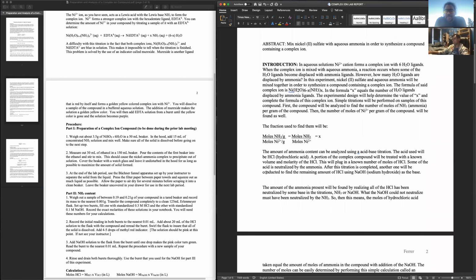Then we mix it with ammonia, where some of the H2O ligands become displaced with ammonia ligands. Now, how many H2O ligands are displaced by ammonia? That's what we're trying to figure out. And in the step of mixing the ethanol, you get the complex of the ammonia version of the nickel.